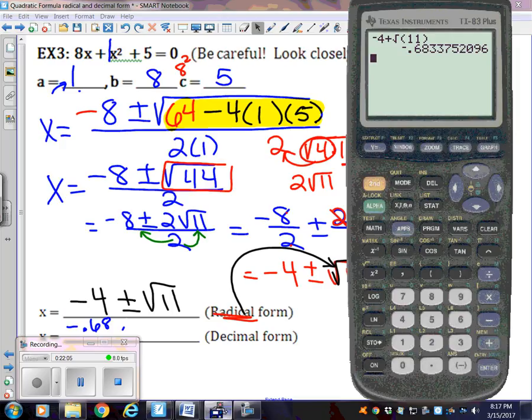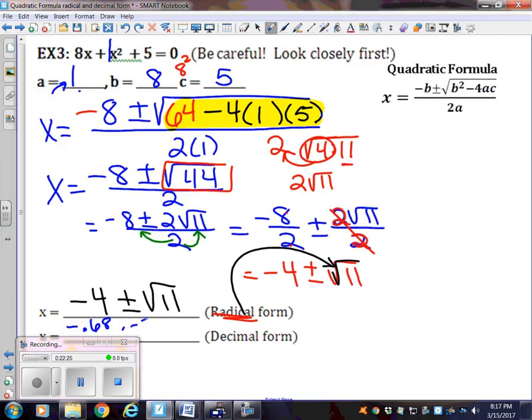To get the second answer, remember, we're not going to retype. Let's use second entry. We're going to go back and change the plus sign to a subtraction sign. Enter. Negative 7.31, but that follows as a 6, negative 7.32.